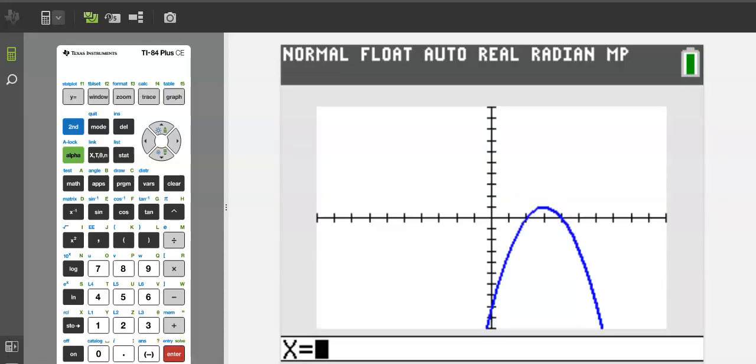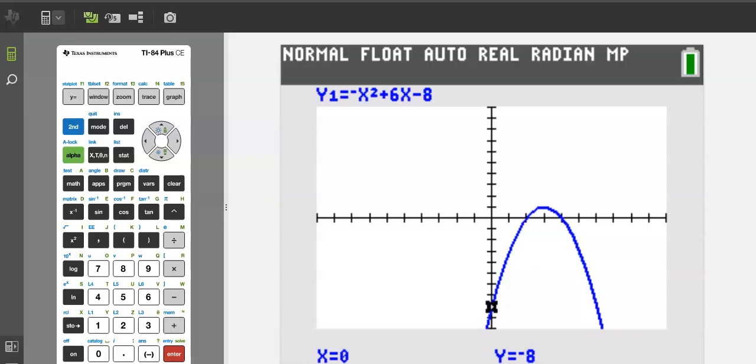Because what is the x value for a y-intercept? 0. So you plug in 0 and you hit enter. There's your y-intercept. So two ways: you can look at the table, or you can use the second trace functions to get all that information.